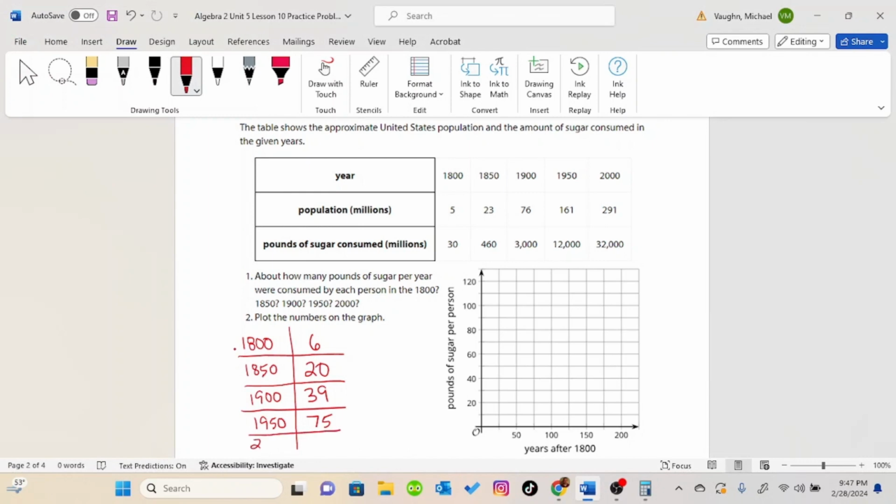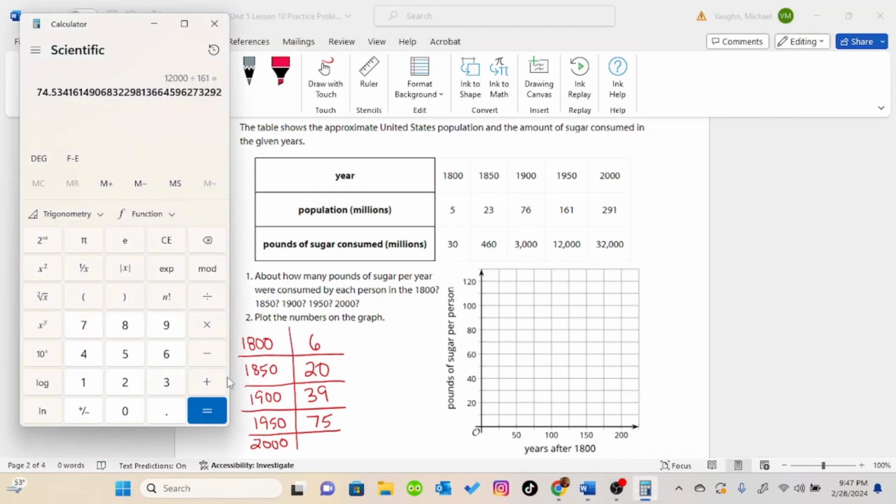And finally, in 2000, we have 32,000 divided by 291, that is approximately 110.